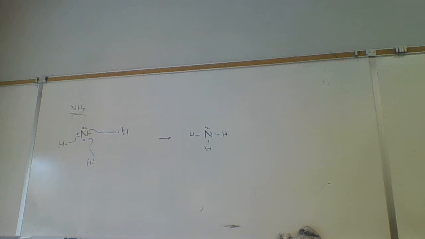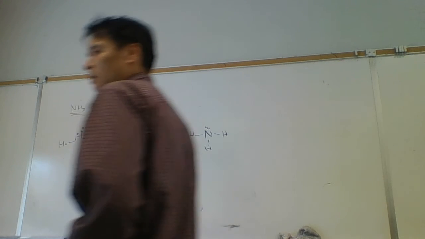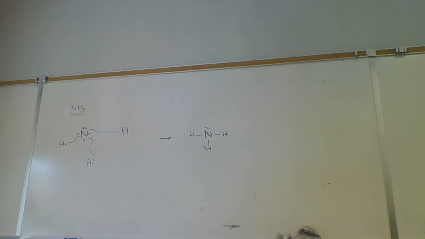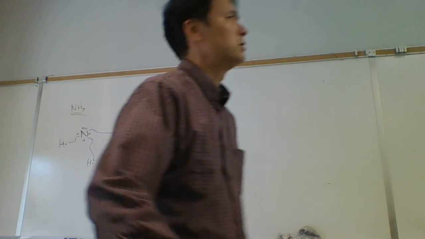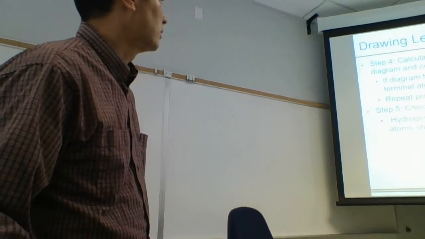When drawing the Lewis diagram, or a Lewis structure, count the total number of valence electrons, adjust for charge, place the least electronegative atom in the center of the molecule, draw the tentative diagram joining atoms by single bonds, add unshared pairs, to complete the octet around all atoms except hydrogen. We'll get practice using these steps, so after you use them a bunch of times, then you kind of know what to do without having to consult it.